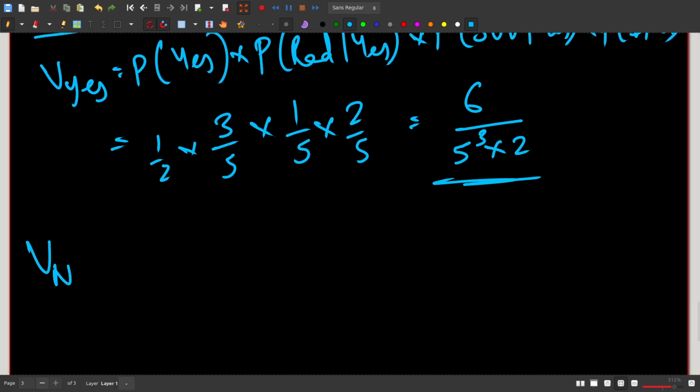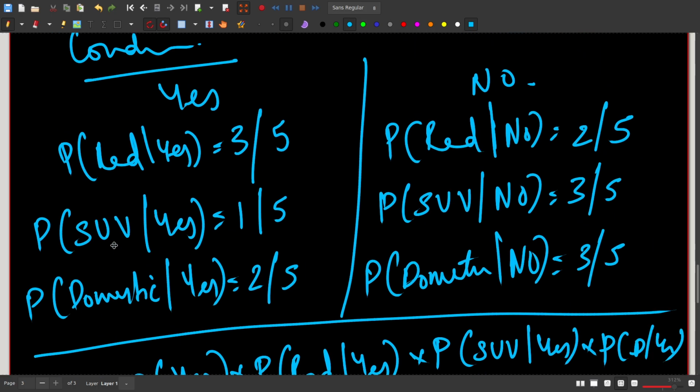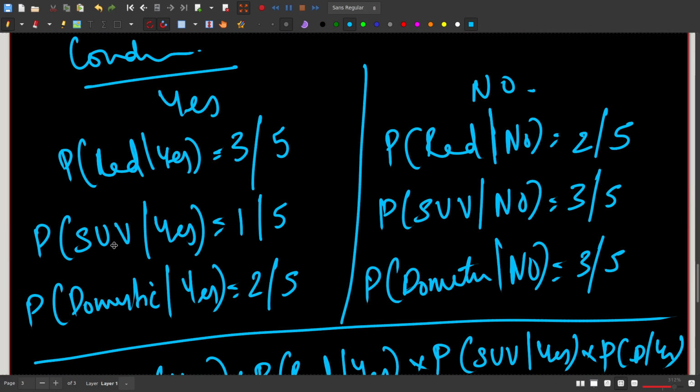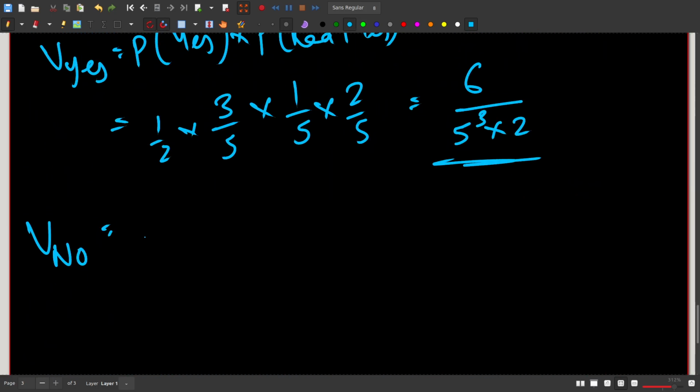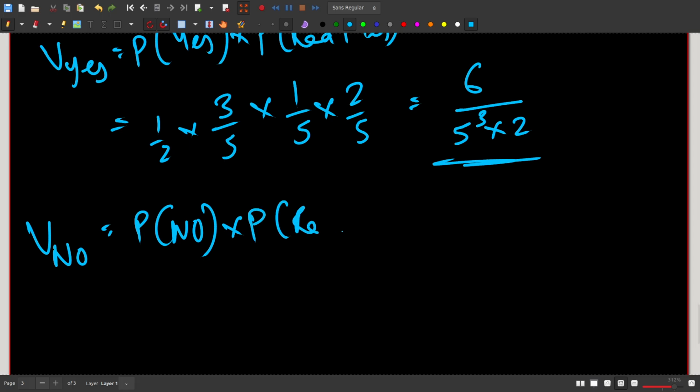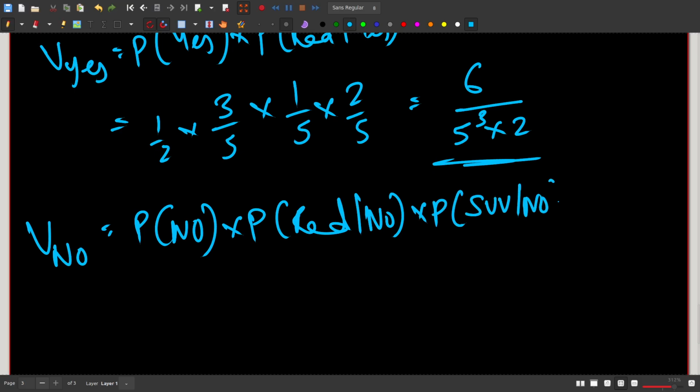Then the value of no is going to be, I'll write the equation first. So first of all, the car should not be stolen. So what is the probability of the car not being stolen? Multiply with the probability of a red not being stolen, multiply with the probability of an SUV not being stolen, multiplied with the probability of domestic not being stolen, right?